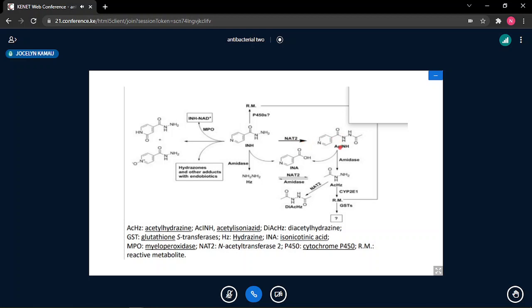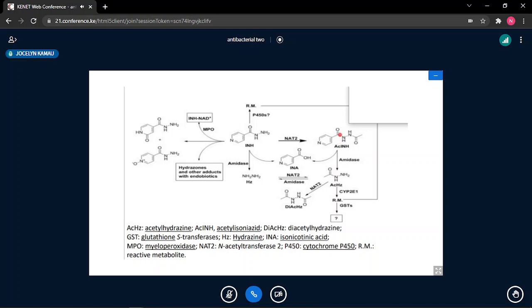When it does that, we get acetyl isoniazid. So you can see all that has happened is that NH acquires an acetyl group. Then the acetyl isoniazid can undergo hydrolysis, which is catalyzed by the amidase enzyme.